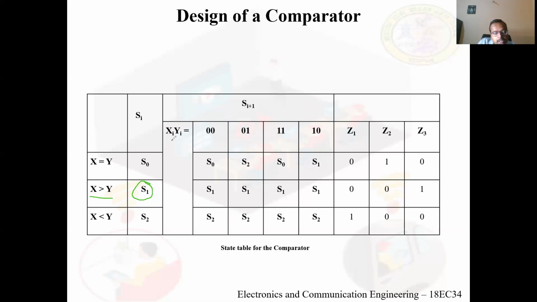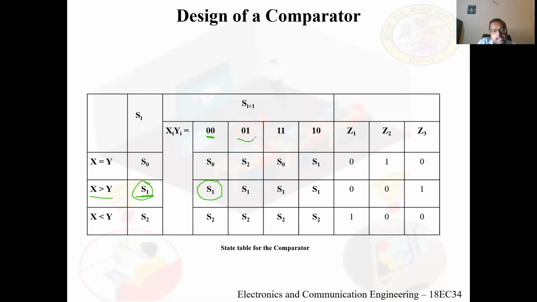Now if the lower bits, which are xi and yi, are 0 0, irrespective of the comparison of this one, we know that since the present state is yes1, which stands for x is greater than y, it means that the most significant bits are already compared, and it says that x is greater than y here, so the next state will also be equal to yes1 only, because the comparison depends on the most significant bits here.